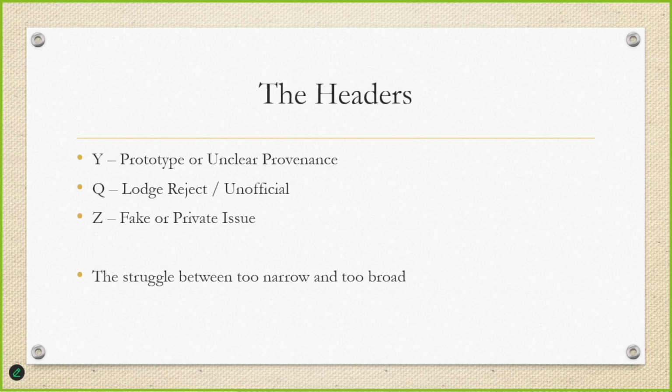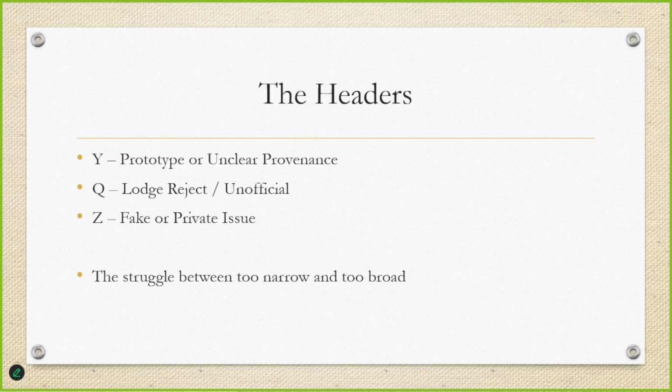That should be, and so you start getting into these things of some Zs might be a fake. We don't like that. That's bad. Fine. But then you also get into some items where I don't want to list it as a Z because it's not in the spirit of being a Z, but the Lodge didn't make it. The Lodge didn't make that item.